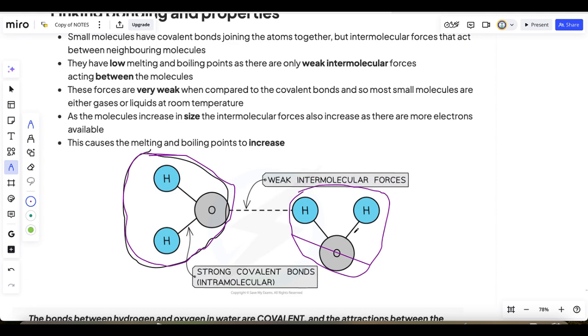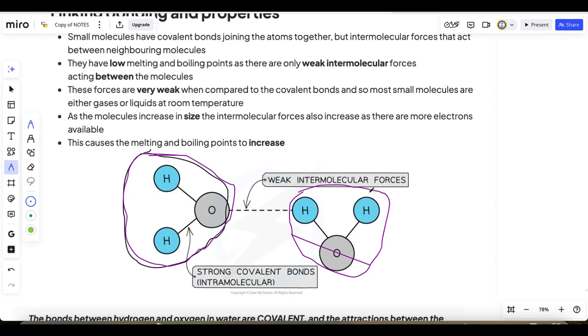But the molecules are linked together by weak intermolecular forces. If you want to make a giant macromolecular compound, you need many of this type to be linked together. The force that links them together is what is weak.